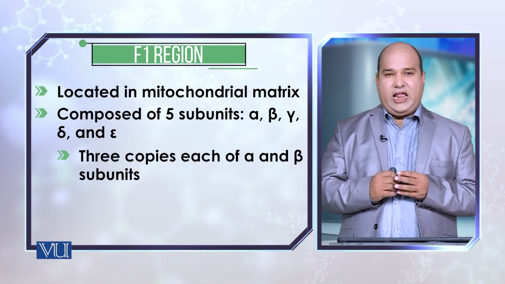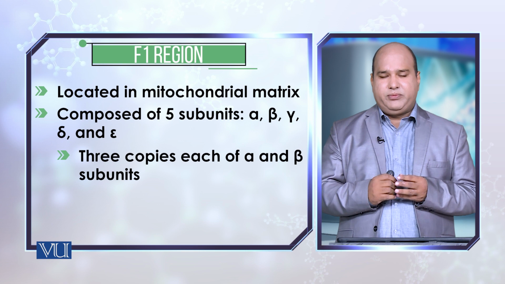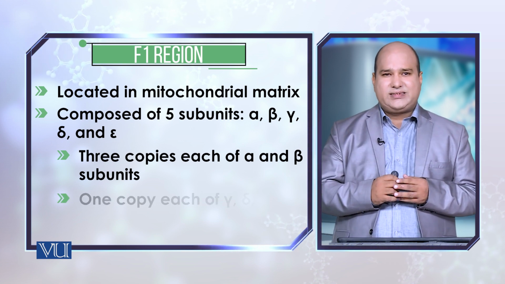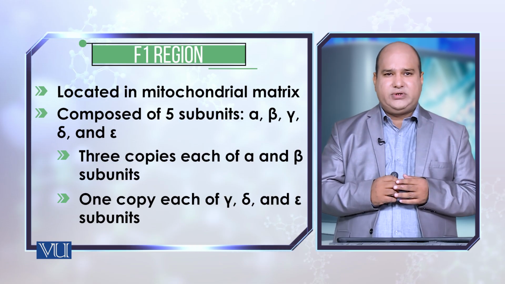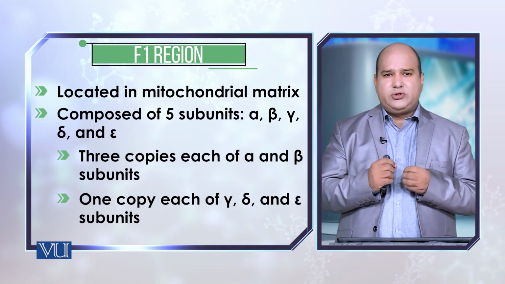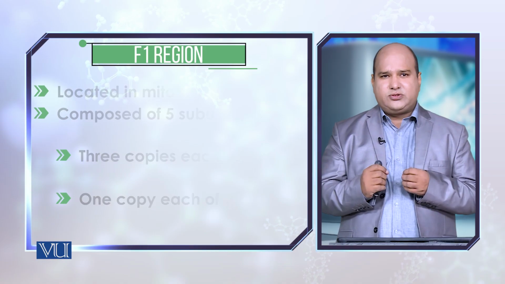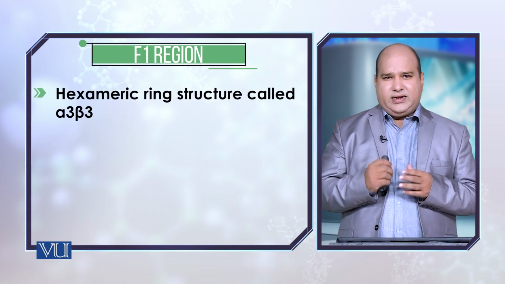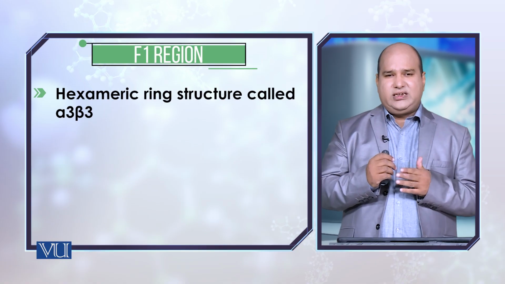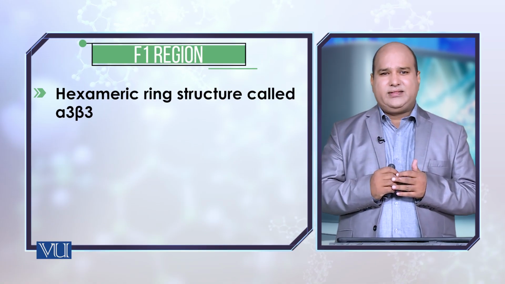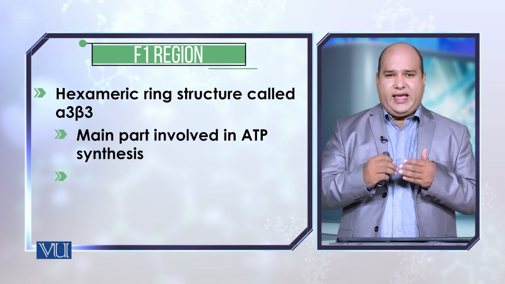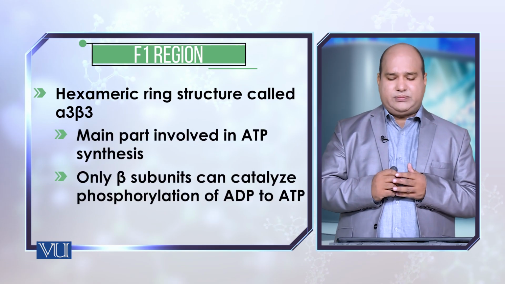Out of these, alpha and beta are very important, because they are directly involved in the catalytic activity, especially the beta subunit, because it is the subunit which leads to the formation of ATP from ADP. There are three copies each of alpha and beta, which is why they are known as alpha 3 beta 3, or a hexamer of alpha beta subunits.